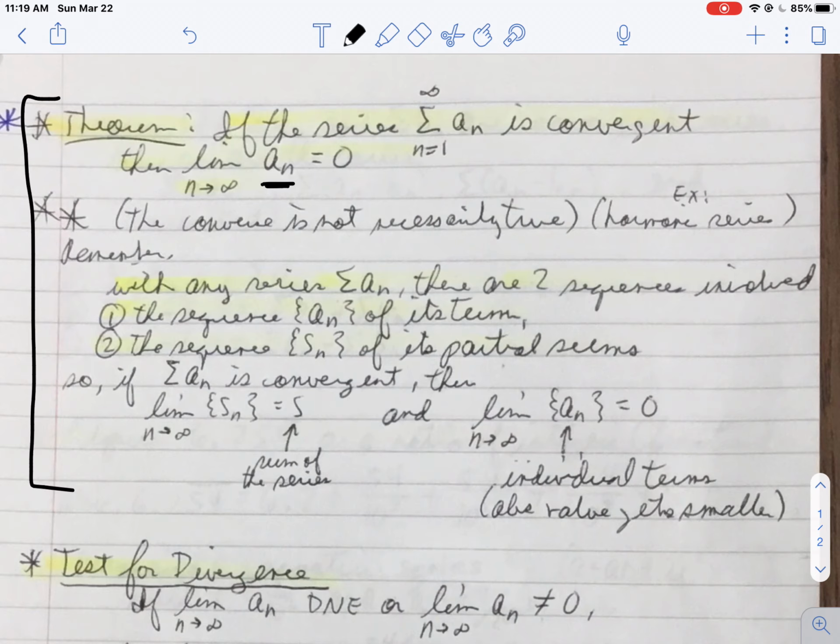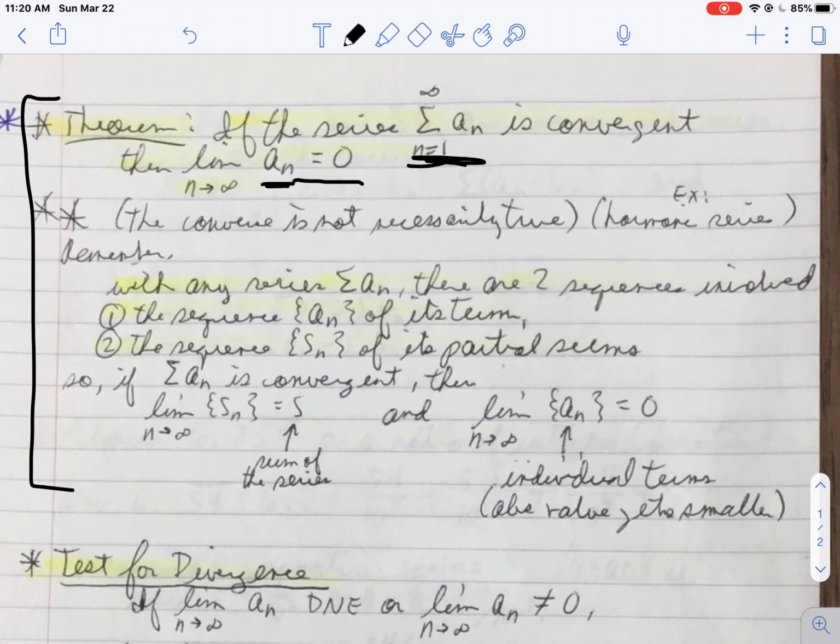And that should make sense, because if I'm adding an infinite number of terms, if that series is to converge, if I'm going to actually be able to determine that that series has a sum, the only way that happens is that at some point, even though you're still adding stuff to the series, what you're adding becomes so small, so insignificant that it doesn't affect the sum of the series.